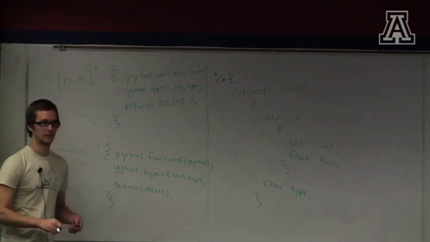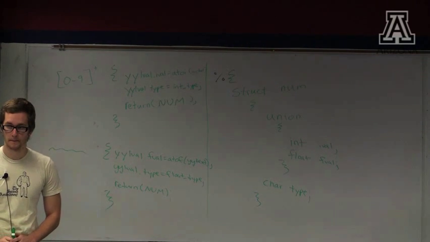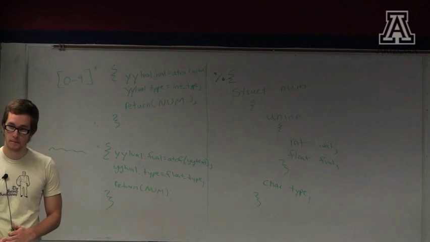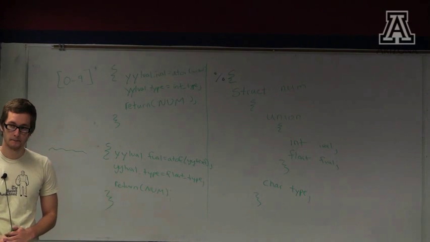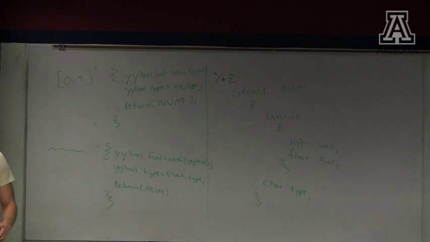Good. So in the union, we've got that struct there, struct num value. We don't have to do yyLval dot value dot ival or anything like that to get to it.